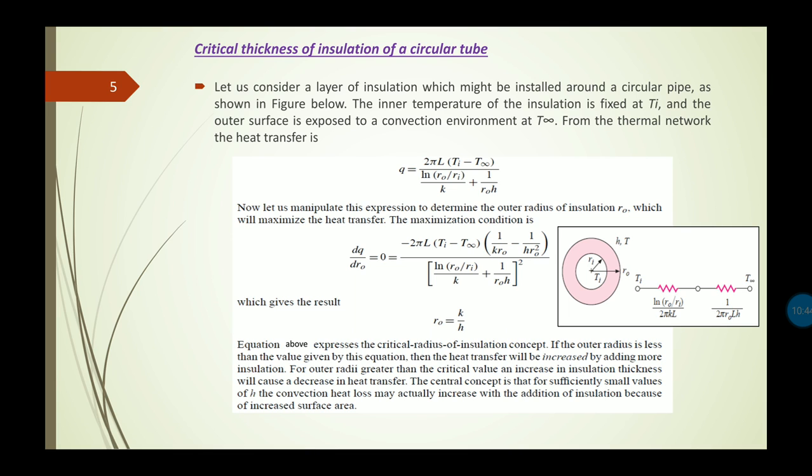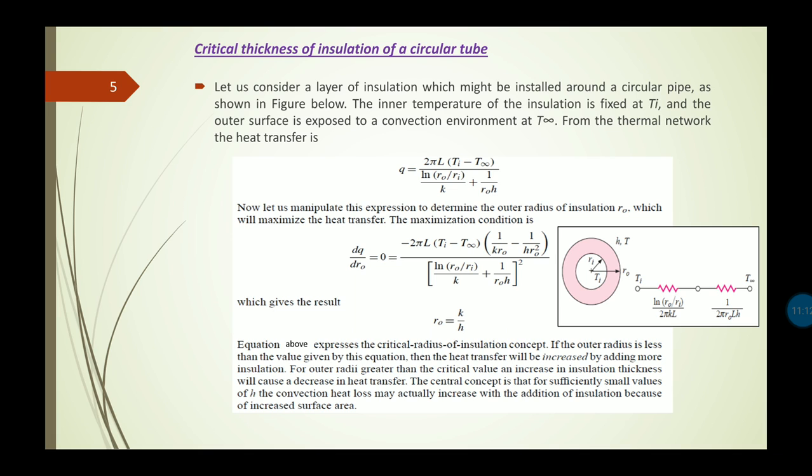If we do the differentiation of this equation, then after two or three steps we will get the value of Ro equals k by h. So this equation expresses the critical radius of insulation concept.